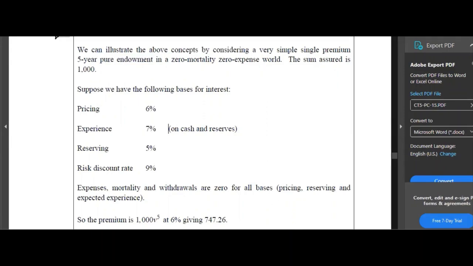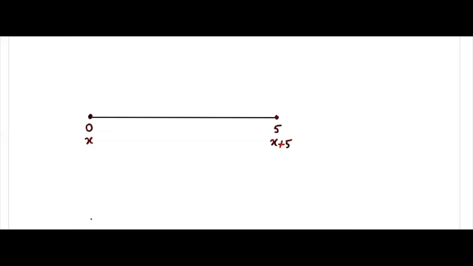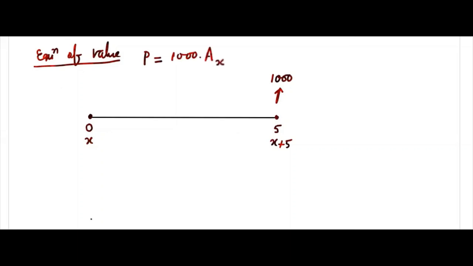Pure endowment. That means there is a benefit of 1000 here only. So if you write the equation of value, single premium, you write the pure endowment formula. P will be equal to 1000 times 5p_x times v^5. This is the endowment formula.